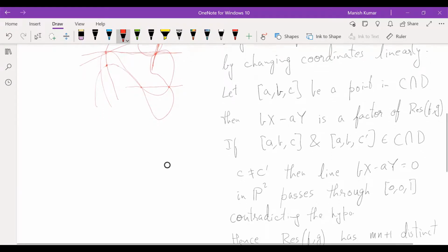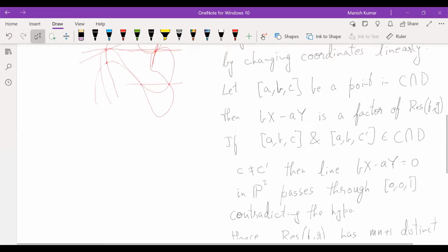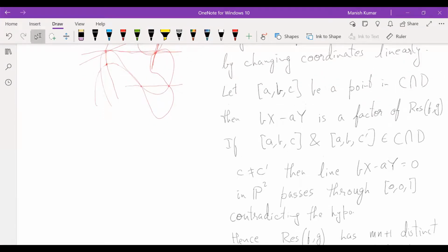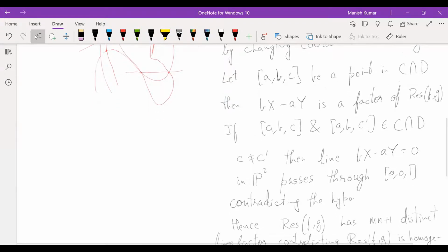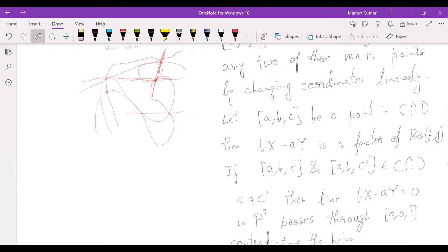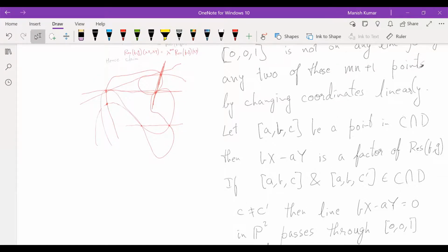Both these points lie on Bx minus Ay, which is a line in P2, but this line also passes through 0, 0, 1, because you plug in x equals 0, y equals 0, and z equals 1. So it contradicts our hypothesis on the mn plus 1 points we have chosen.